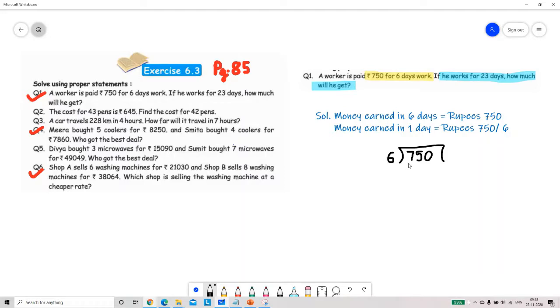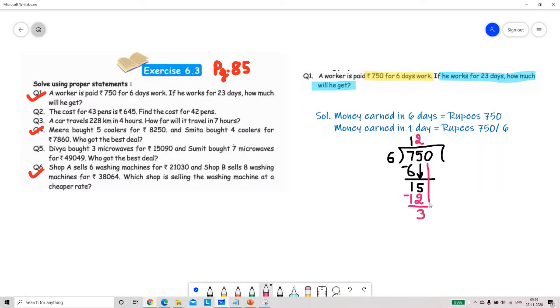6 multiplied by 1 will give me 6. Then 7 minus 6 will give me 1. Then I will bring down 5. Does 15 come in the table of 6? No. So we have to take a number which is near to 15 but less than 15. That is 6 multiplied by 2, 12. So 15 minus 12 will give you 3.